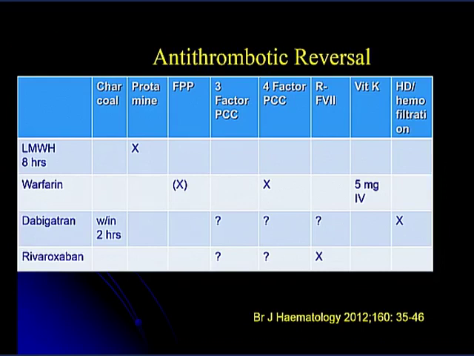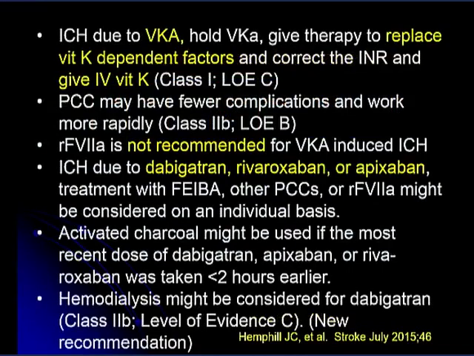If it's within 2 hours, it's recommended to use charcoal in these patients. There's also some literature to suggest using factor 7 for rivaroxaban. For ICH due to a vitamin K antagonist, you're going to replete the vitamin K, and also use the PCC as we talked about.